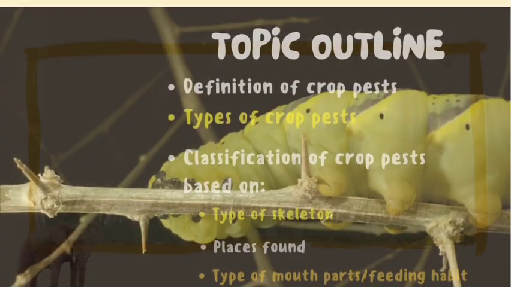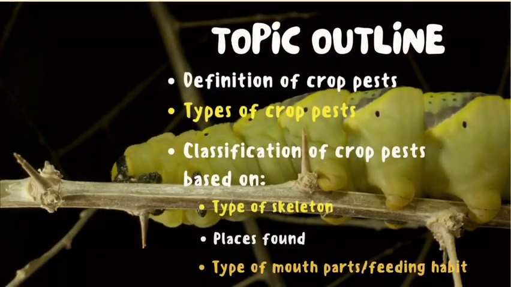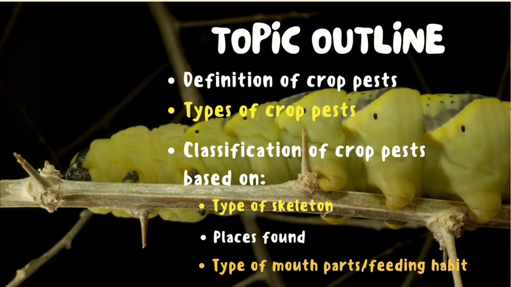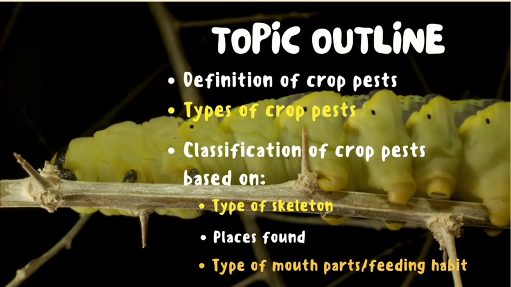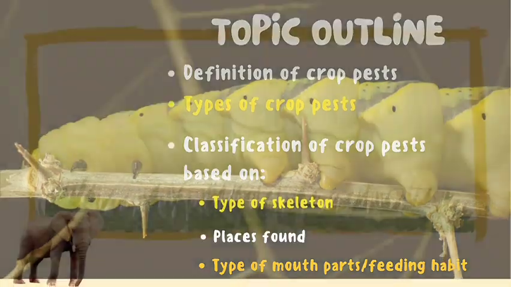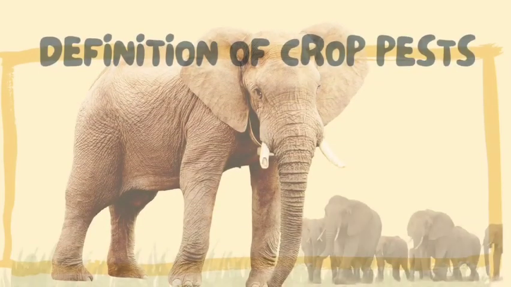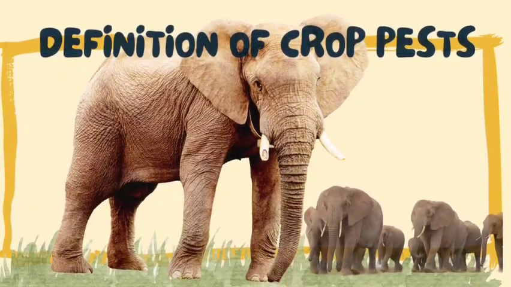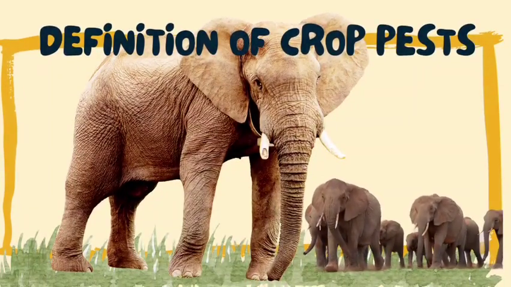The first one is definition of crop pest. Of course, if I am to introduce crop pests to you, I have to define what crop pests are, then types of crop pests, also classification of crop pests, and other outlines. Now, definition of crop pest.